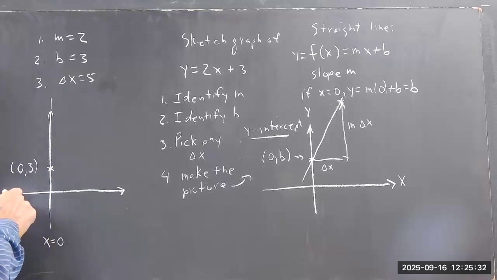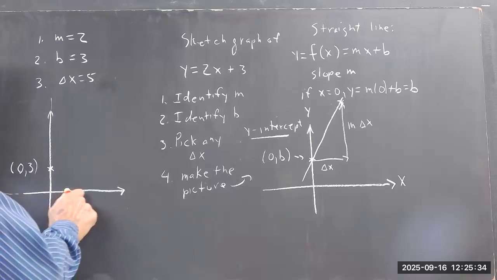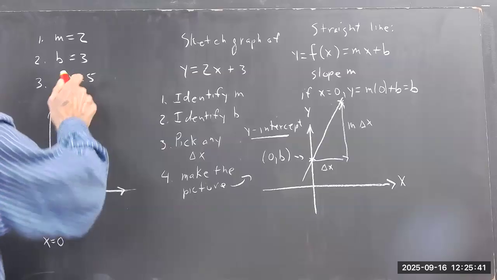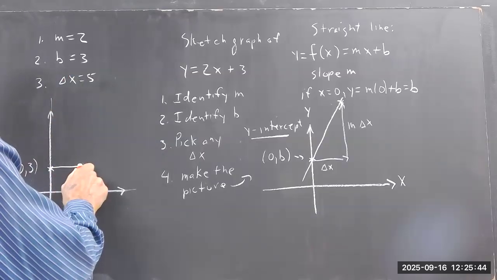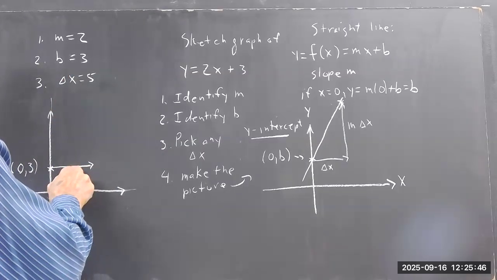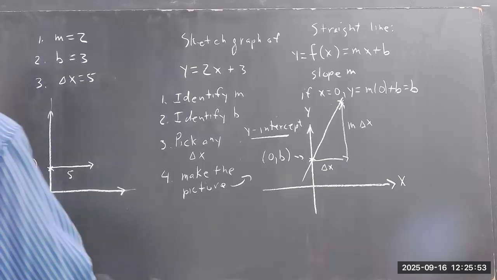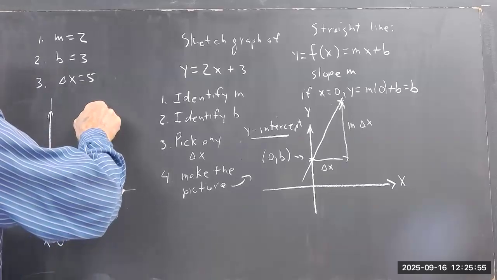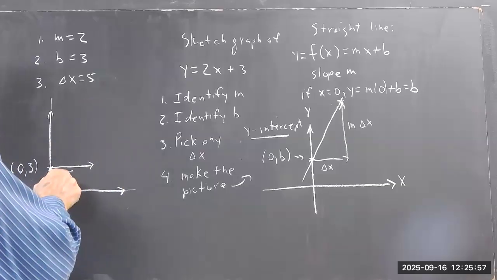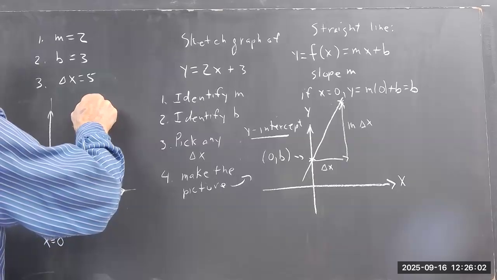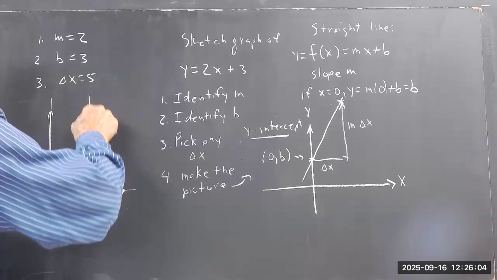That's the y-intercept. And the x-axis is the line y equals 0. Then delta x is 5, so I've got to go 5 units here. Okay, let's just say 5 is this far. That's our delta x. And our m delta x.